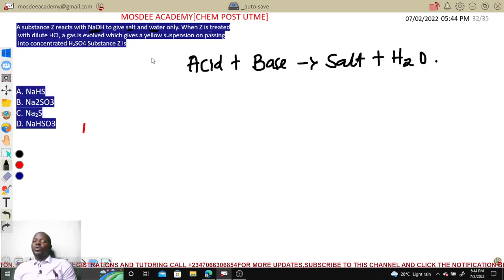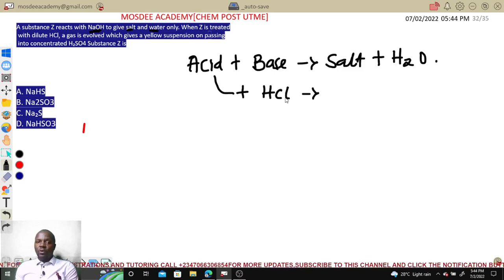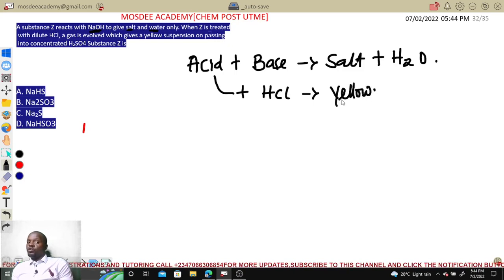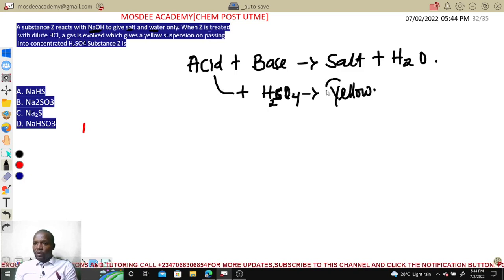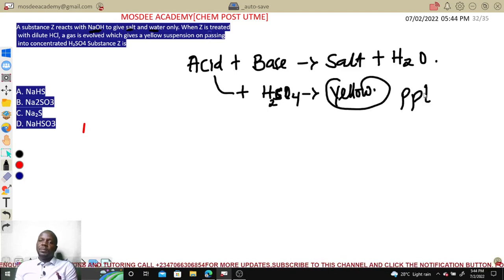So out of the answers you want to pick, it must be an acid. When Z is treated with HCl, it gives a yellow suspension. So you look for a substance that has yellow in its trace. A gas evolved would give a yellow precipitate when it is passed into H2SO4.